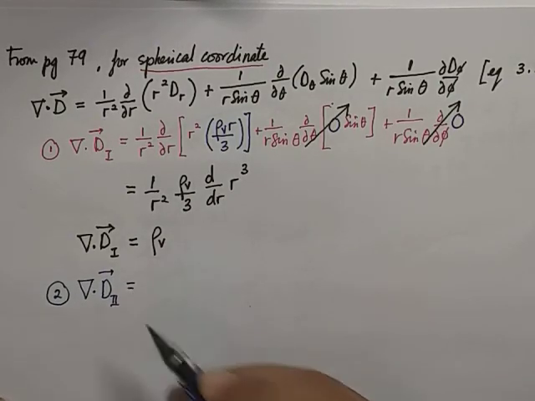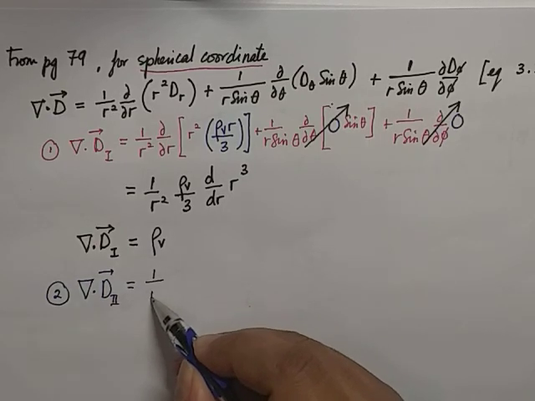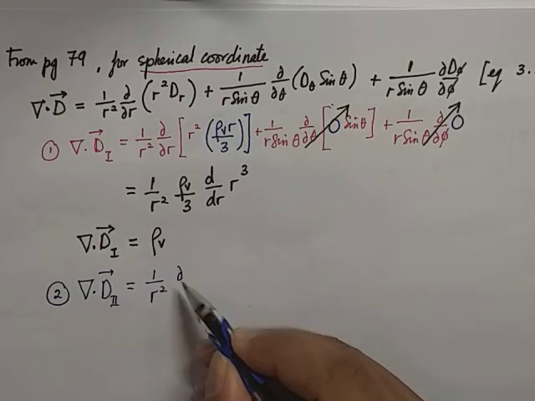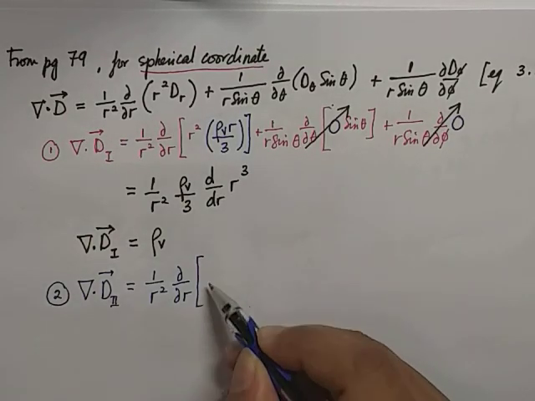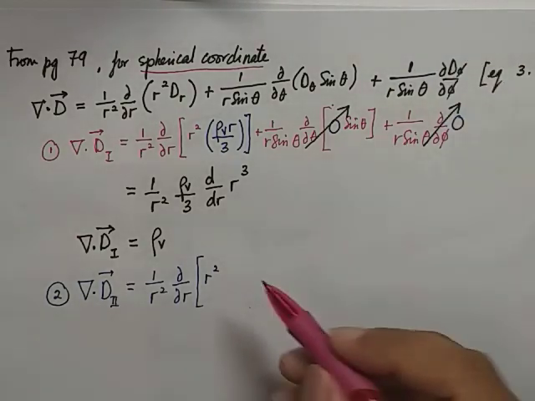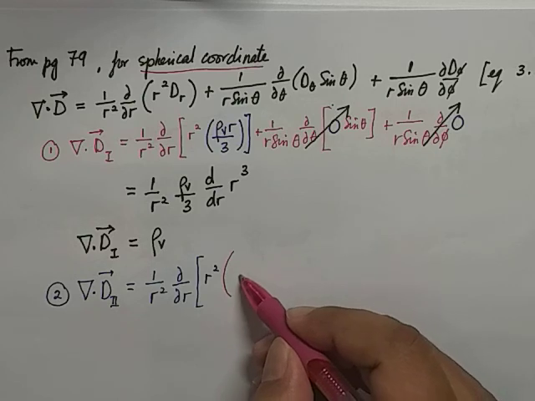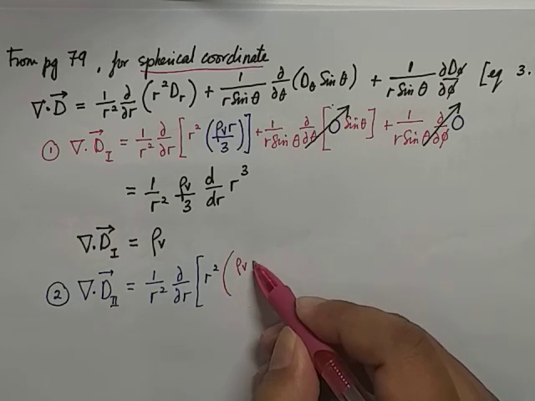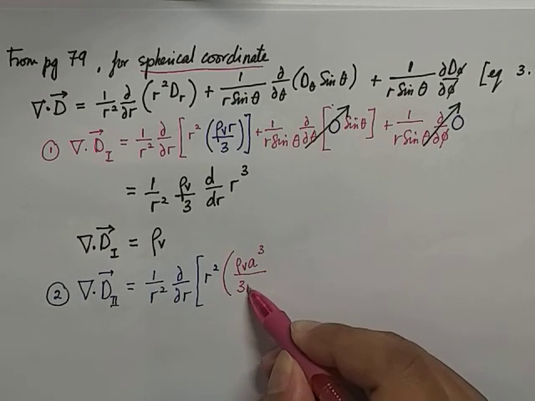So I'm going to use the same formula, 1 over r square d over dr of r square, and then I have to substitute with the r component of D2, that is equal to rho v a cube over 3r square.